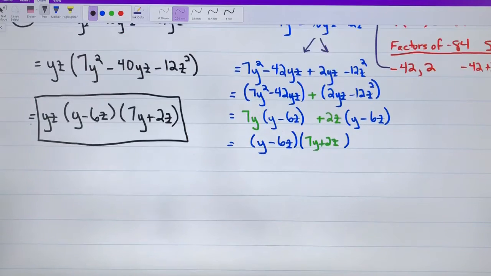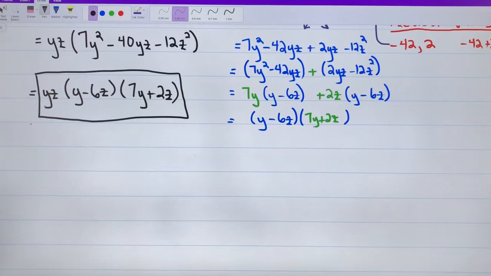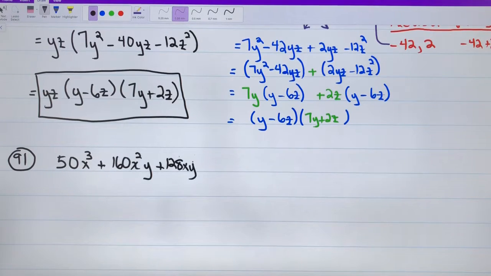In the case of number 91, we have in this problem 50x cubed plus 160x squared y plus 128xy squared.